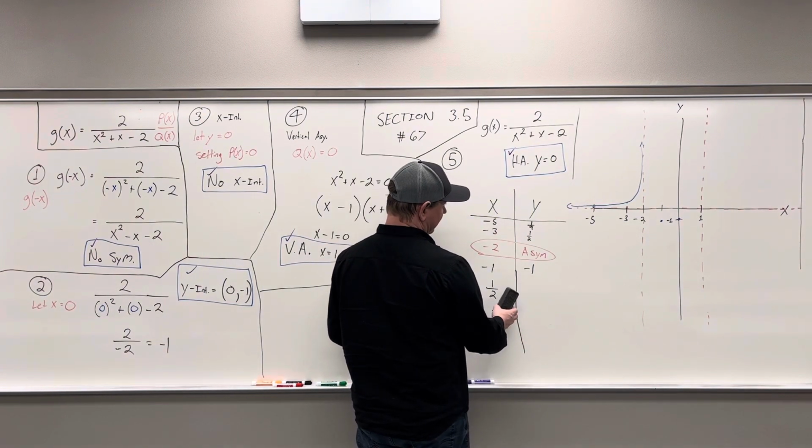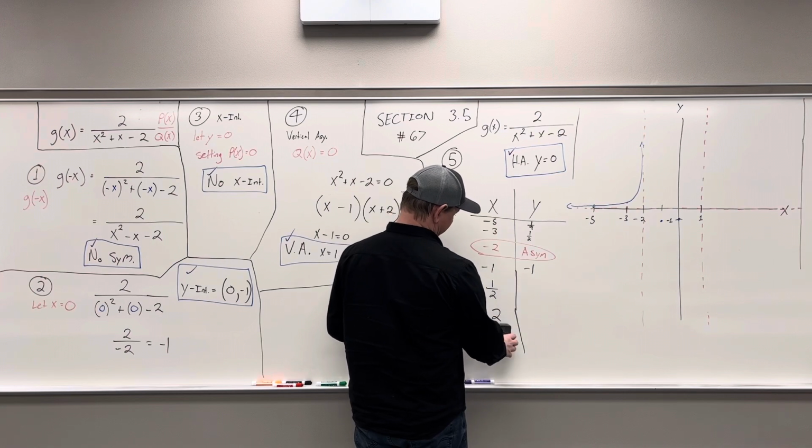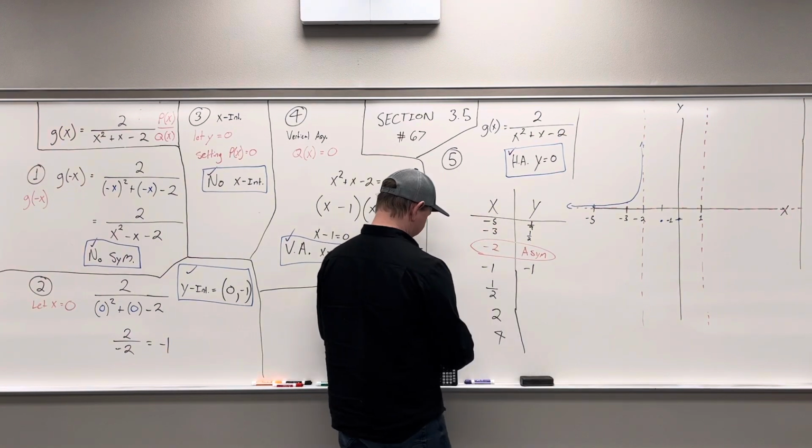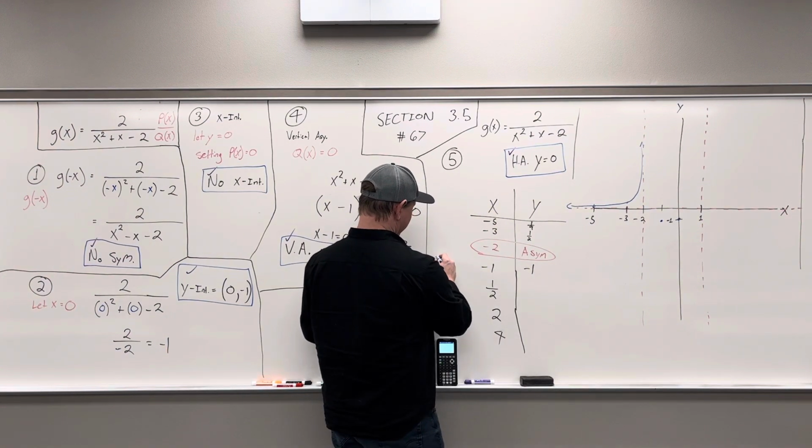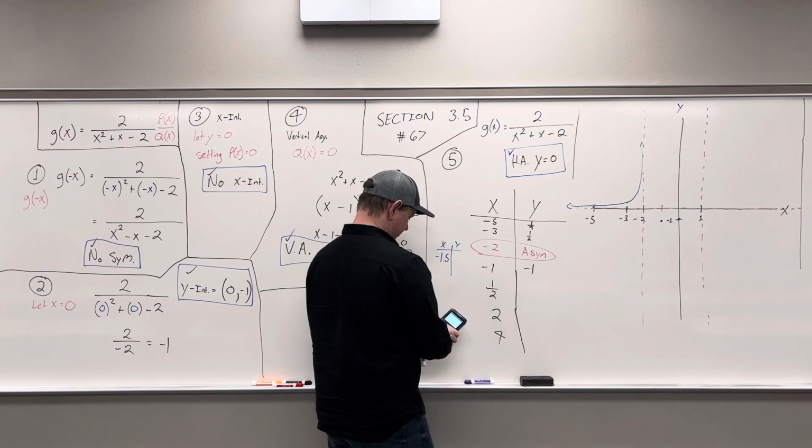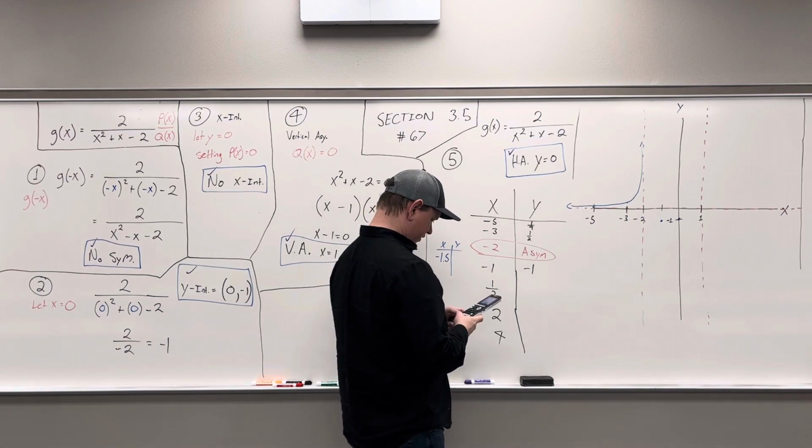I'll just do it to the side. If I put in a -1.5, what do I get for that y? Negative 1.5.